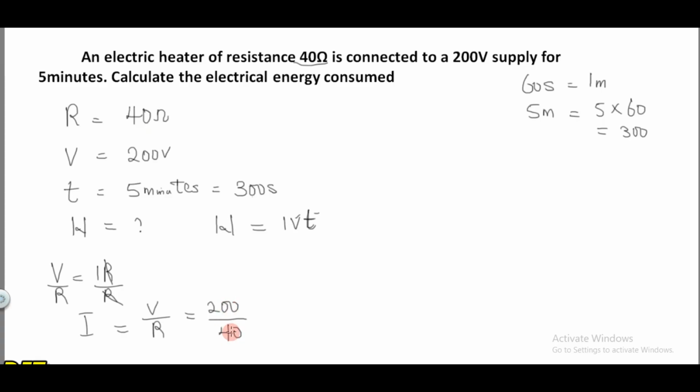So 200 divided by 40 will give me 5. So my current is equal to 5 amperes.